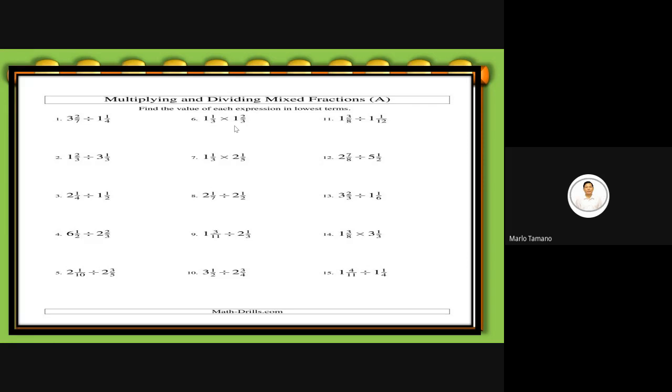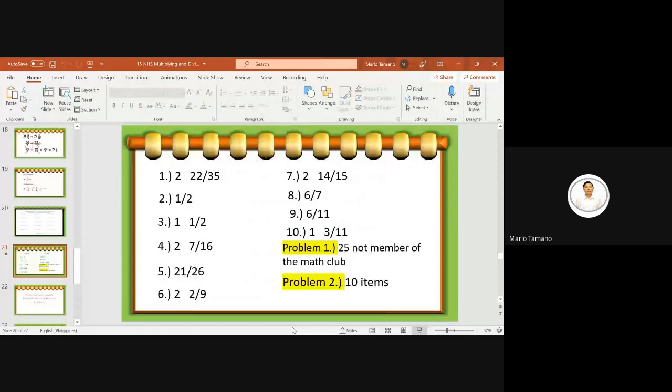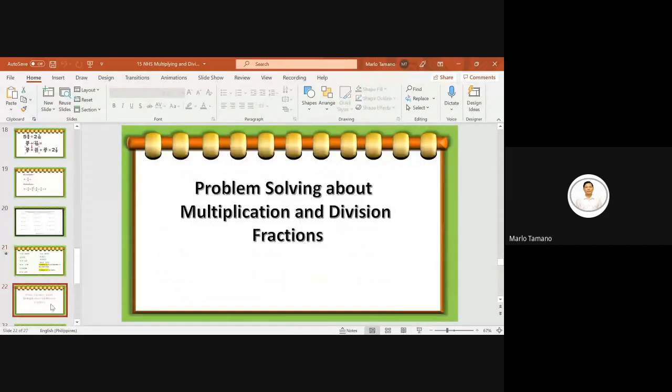Okay? So, meron na tayong multiplication dyan. Meron pa tayong division. Ulitin ko po 4, 5, 6, 7, 8. Okay po? Na-screenshot na? Opo. So, yan pa yung sagot natin, number 1, number 2, and number 3. Okay po? Naintindihan? Okay? So, problem solving about multiplication and division.